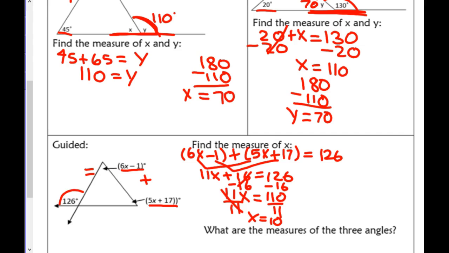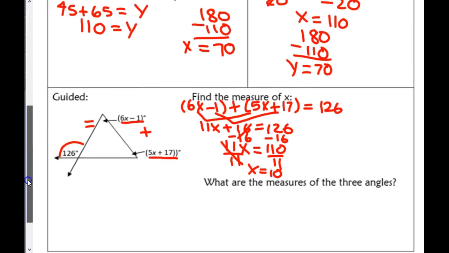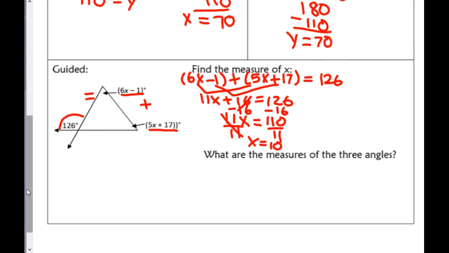On the bottom, though, it says, what are the measures of the three angles on the inside? Well, so we're going to take each of these angles and replace x with 10. So check it out. I'm going to write this out. 6x minus 1 is my angle, right? Yeah, substitution, right?